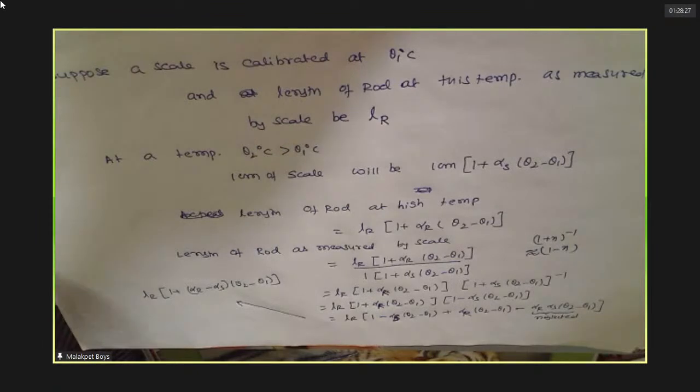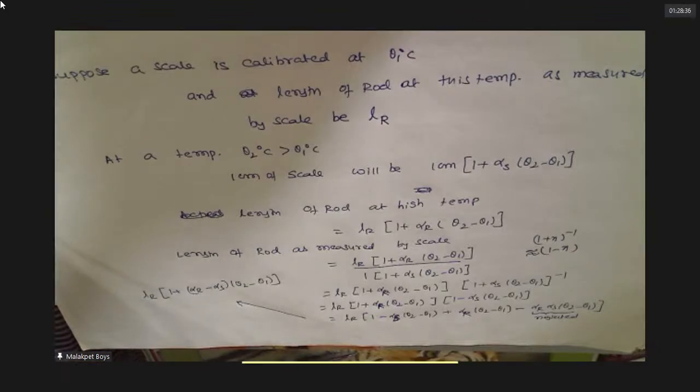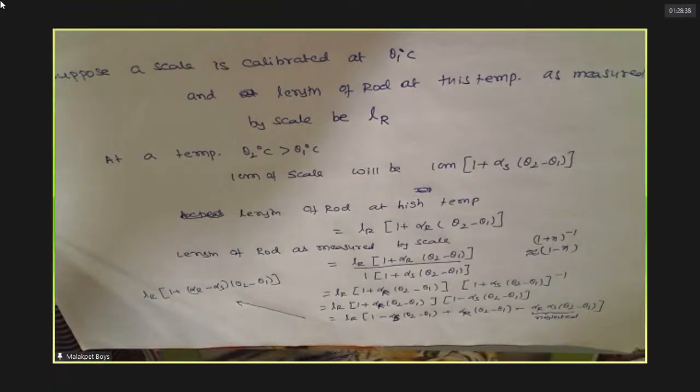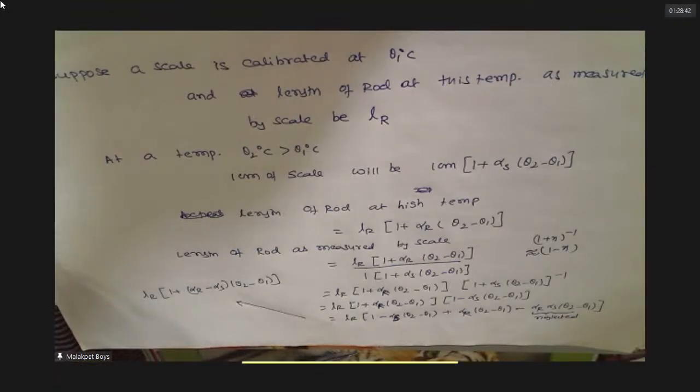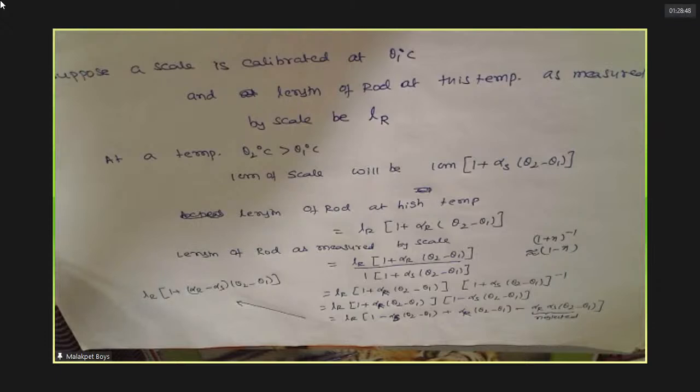See, one apple is 5 rupees. In 20 rupees, how many apples will you get? 4. How did you get that? Adding, sir. You're adding?